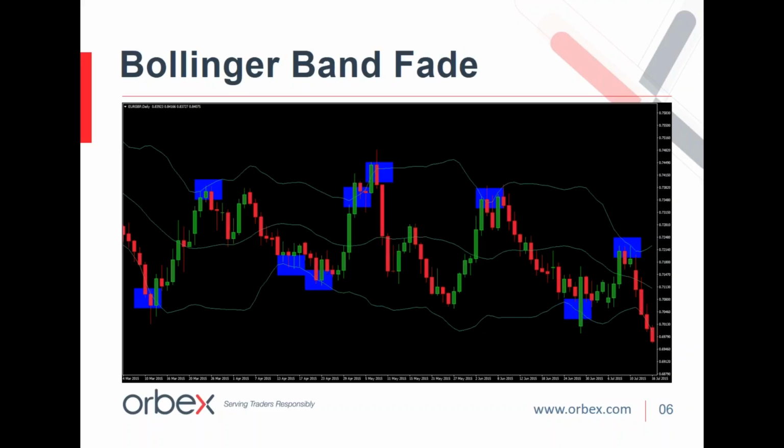That's 6 times 20. So we've got the number of sessions in a 24-hour period times the period of the indicator on the daily chart, which gives us a 120 period. So instead of having our Bollinger Band set to 20, they're now set to 120.